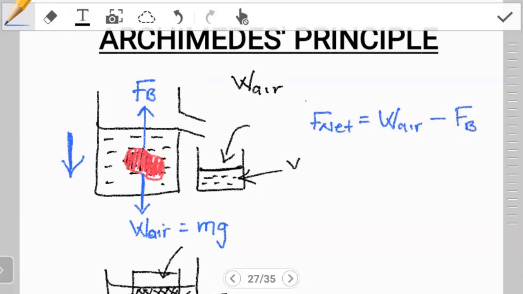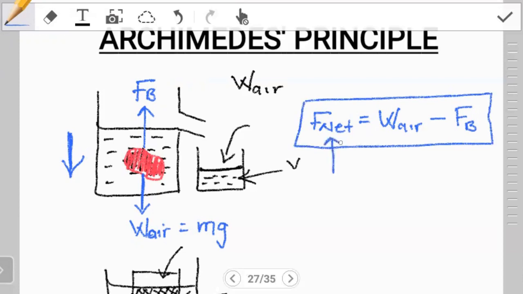So this is the equation that you guys have to keep in mind. Now, the net force that we calculate with this equation will sometimes be referred to as the apparent weight of an object when it is in a fluid. So it kind of explains why objects will be lighter in water.